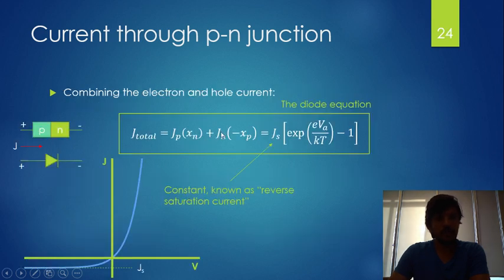If we add this up together, we'll get the total current across the junction, and this is known as the diode equation. There's a constant called the reverse saturation current, and if we apply a negative bias here, the current will eventually stabilize at the reverse saturation current, and there will be very little current going across the junction. However, under a forward bias, the current will increase exponentially. So this is the property of a p-n junction.